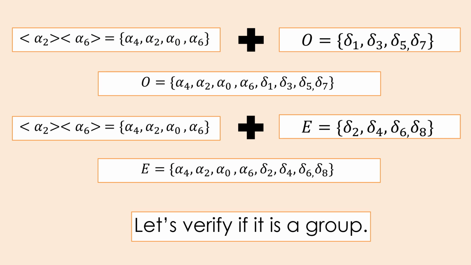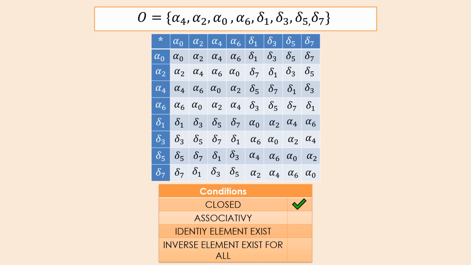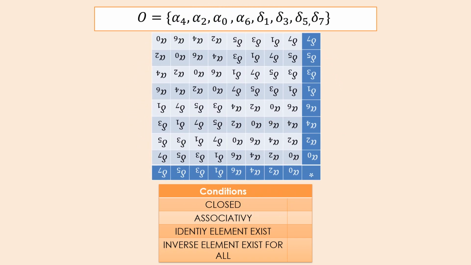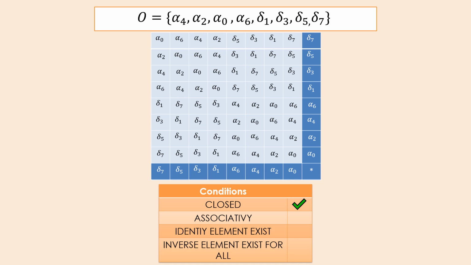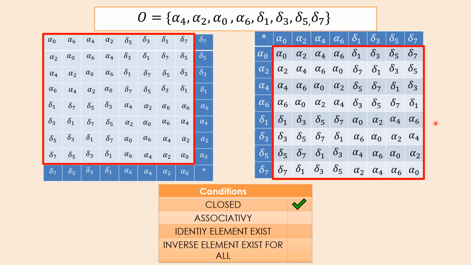Let's verify if it's a group structure. So here is the table of O. Since all of the results are inside the set O, it is closed under the binary operation. Next, to check the associativity, we need to flip. Let's check if the flip table is identical to the original table. As we can observe, some of the columns are not identical to each other.